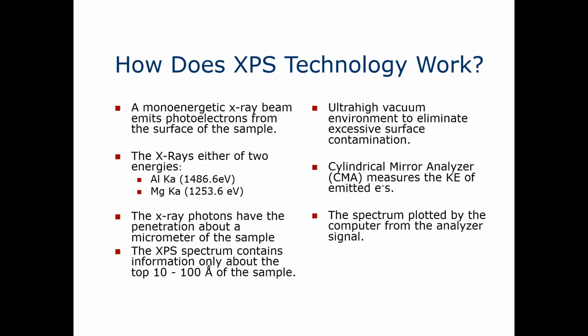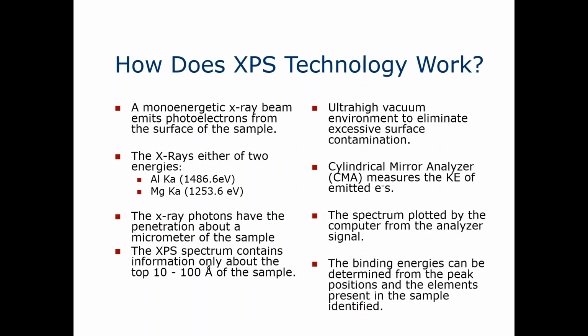From the CMA we get the information, and with its help the computer plots the spectrum of the XPS analysis. The binding energies can be determined from the peak positions, and the elements present in the sample identified.